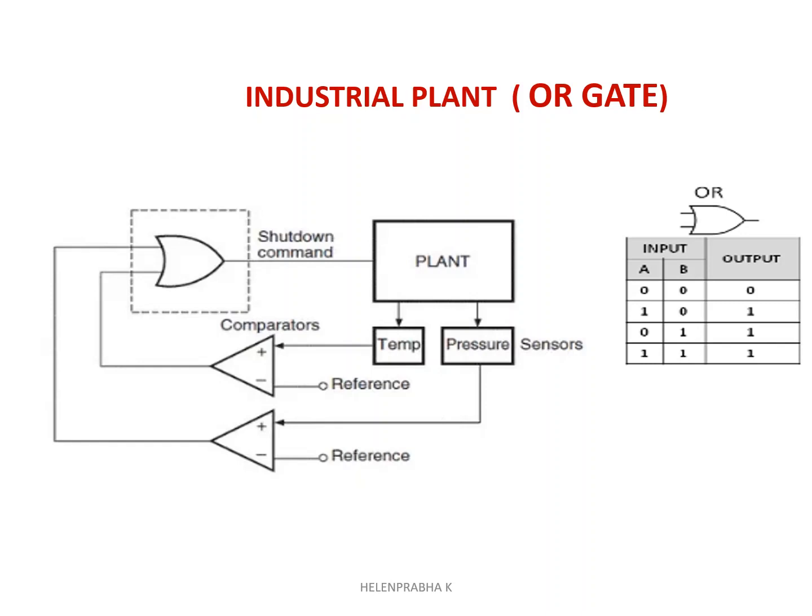Similarly, the pressure comparator verifies against the reference, and if it is high, it will give 1. So when the OR gate input is 1, the OR gate output is also 1, and it will give the command to the plant to shut down.